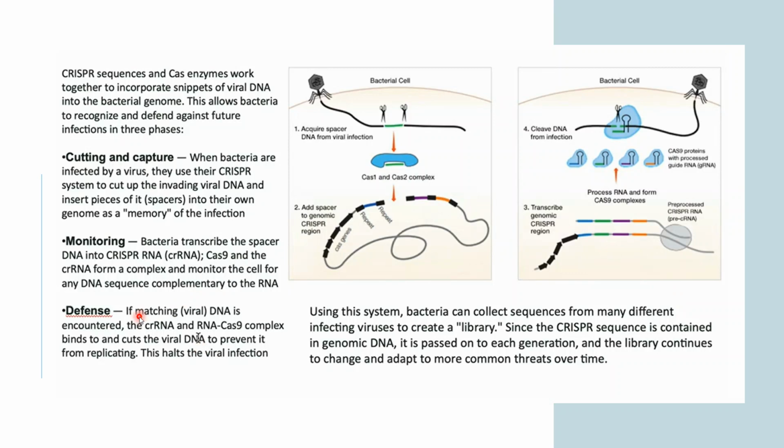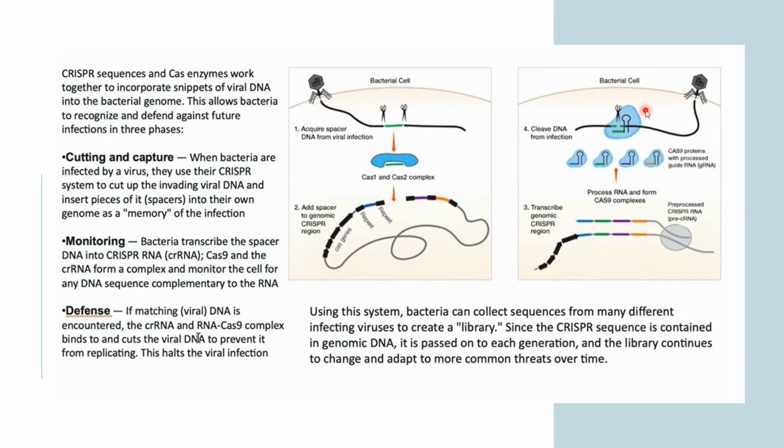If any time they find a matching viral DNA, now what happens, the crRNA and Cas9 complex with each other, and it will cut down the sequence wherever they find the viral DNA, and they stop it from replicating. So this halts the viral infection.